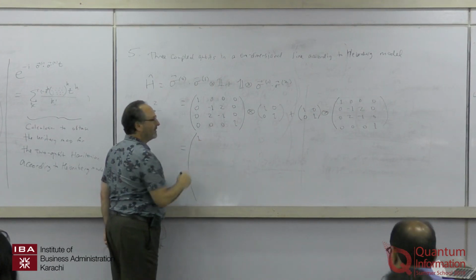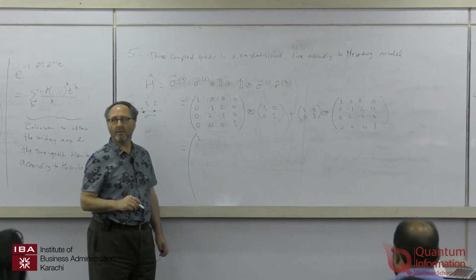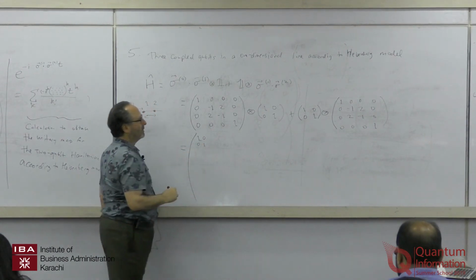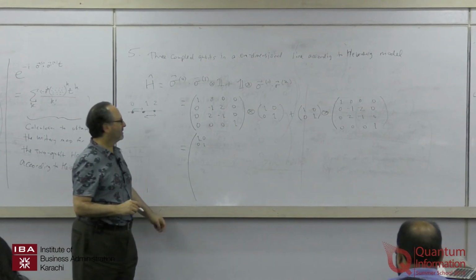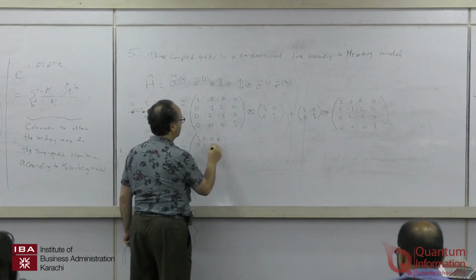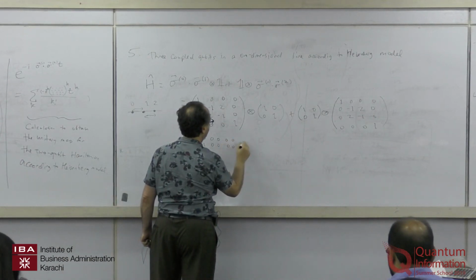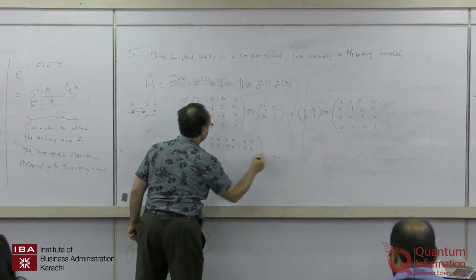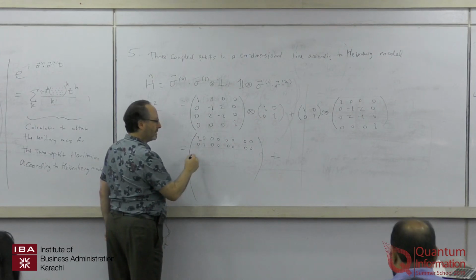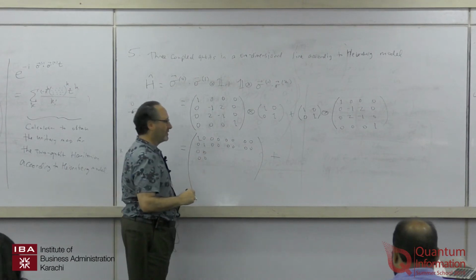Okay, 1, 0. Next block: 4 zeros in a block.